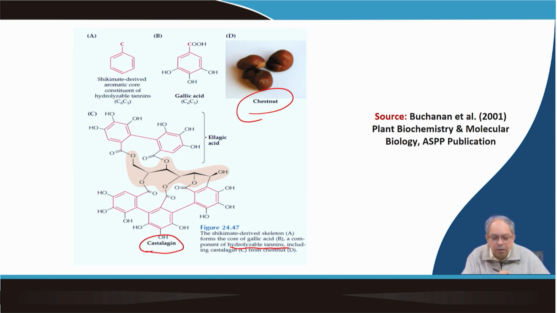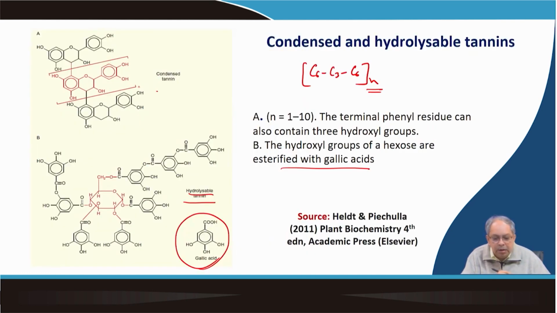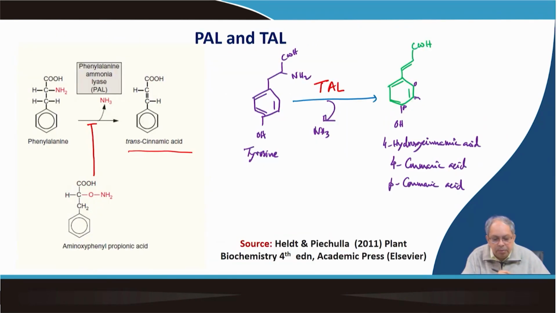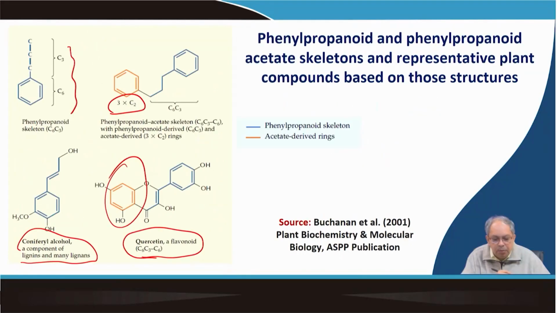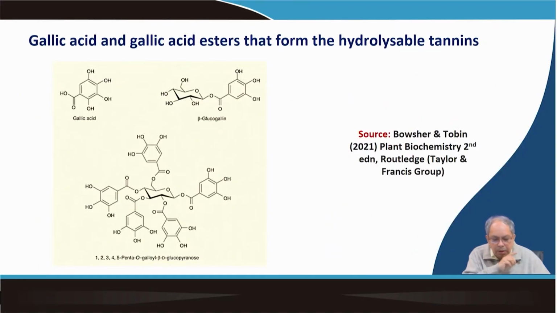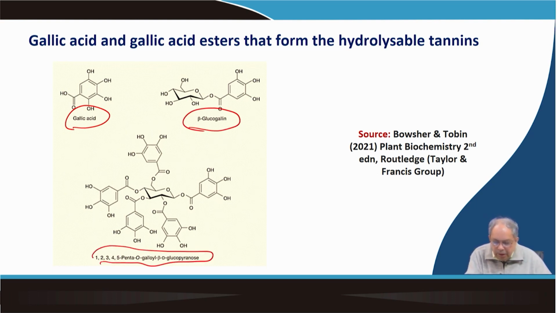And one example of this I have put here. So, this is again gallic acid. Glucogallin is the ester form of gallic acid, and this finally forms this gallic acid, this condensed tannins.